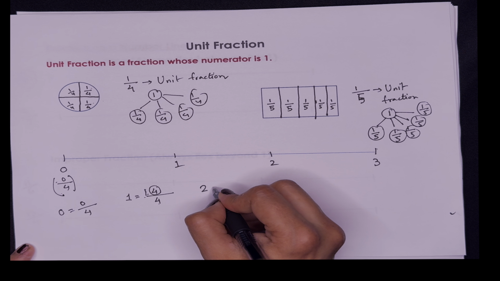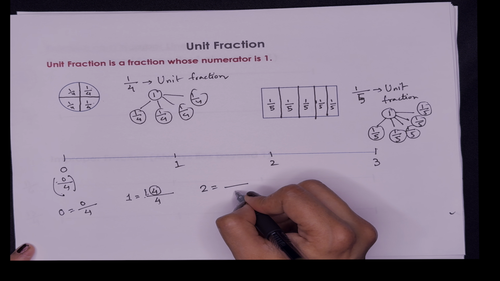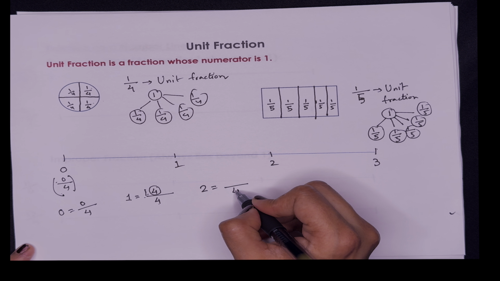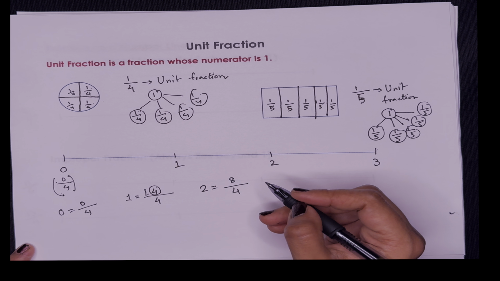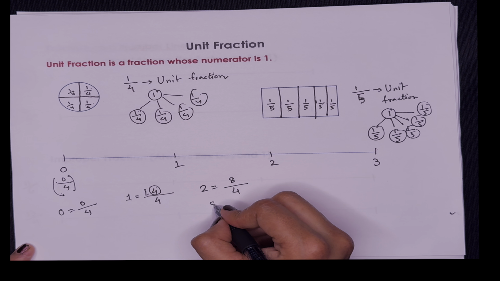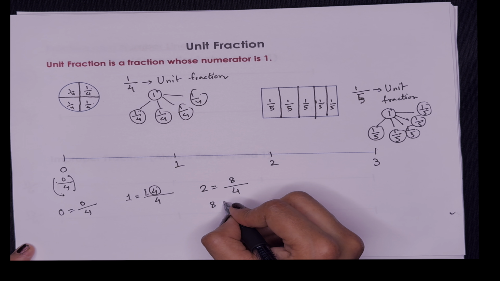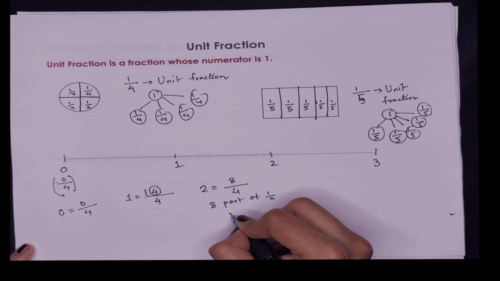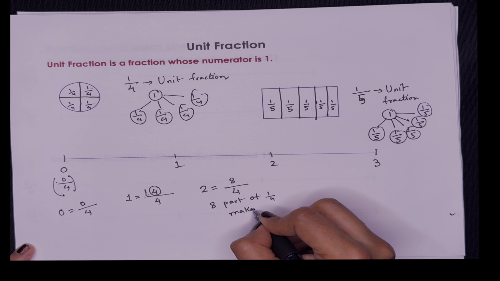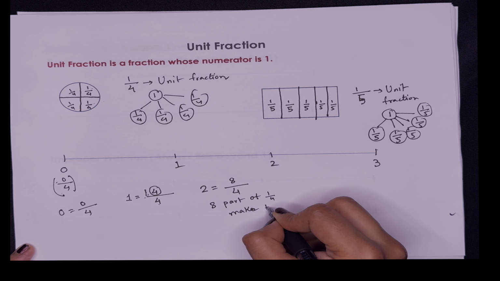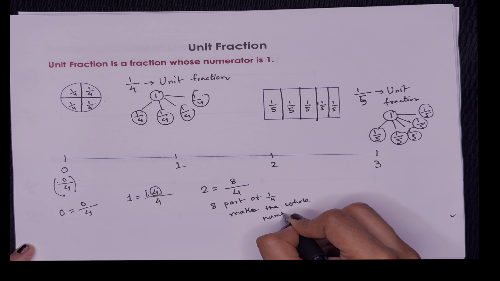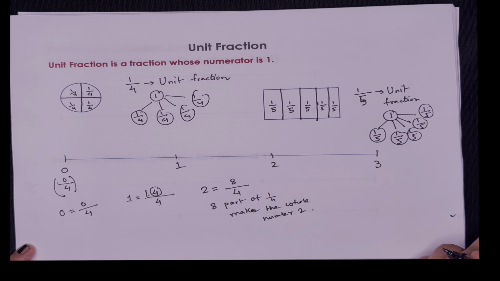For example, 2. If the denominator is 4 and the whole number is 2, the numerator will be 4 into 2, 8. That means 8 parts of 1 by 4 make the whole number 2.